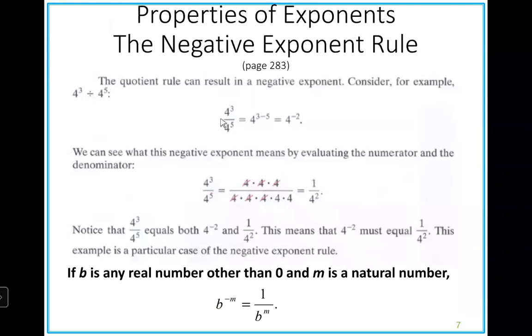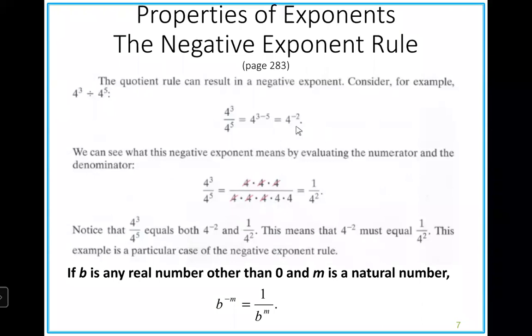Based on the quotient rule, we subtract the powers. If you subtract 5 from 3, you end up with -2. So 4 to the 3rd divided by 4 to the 5th is equal to 4 to the -2.